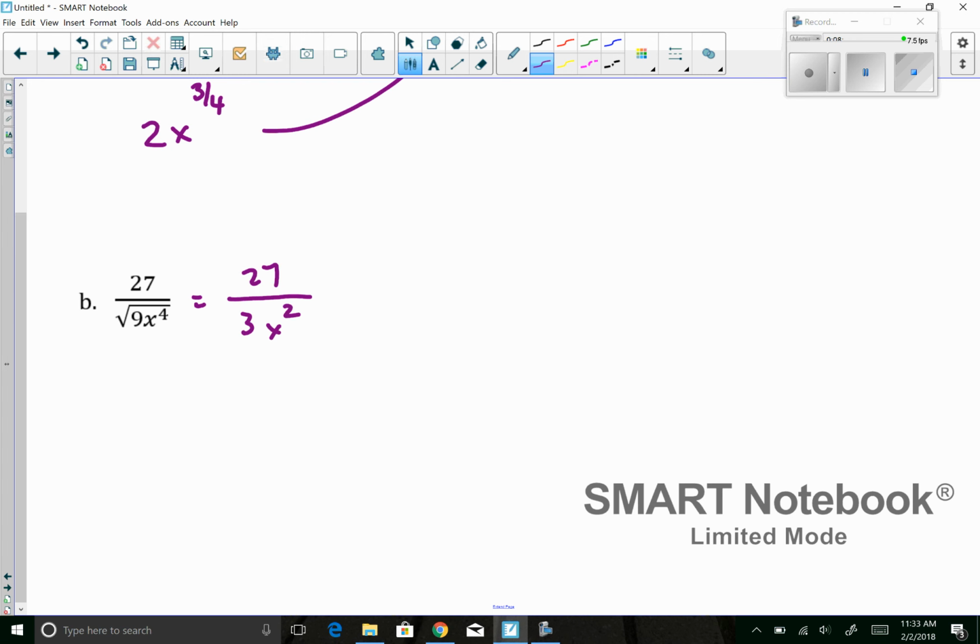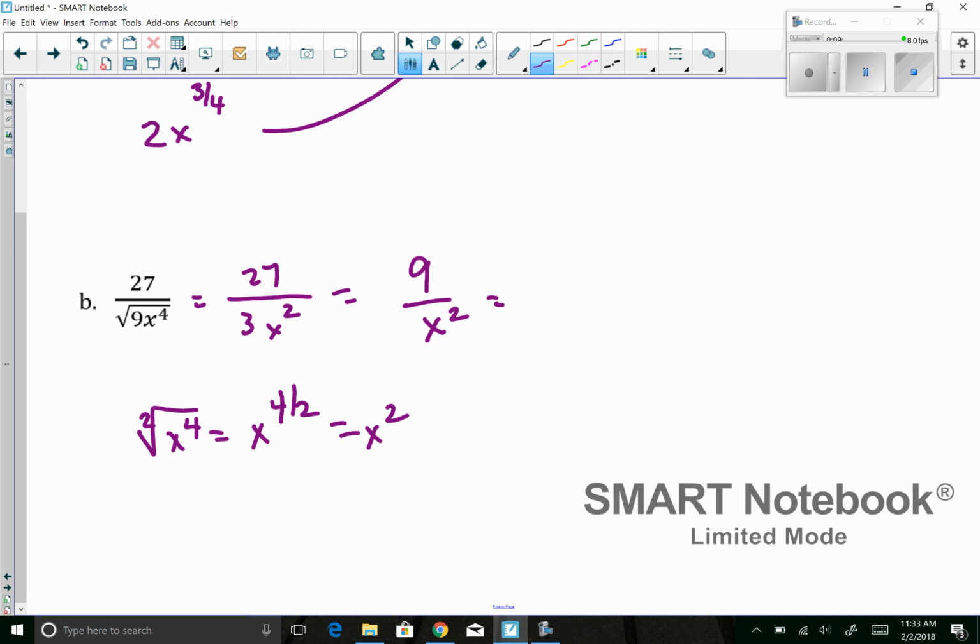Where did I get 3x to the second from? Well, I know the square root of 9 is 3, and the square root of x to the 4th power, either I know the square root rule, or if I change it to exponent over root, since it's a square root, there's really a 2 there, this becomes x squared. So then I could do some division. 27 divided by 3 is 9.